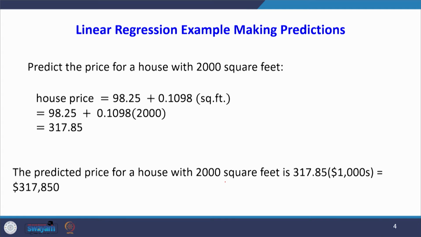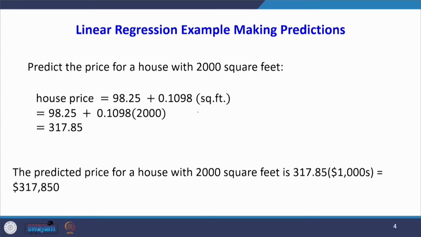Dear students, in the previous lecture we constructed a regression model. Using that regression model we are going to predict. Suppose we predict the price for a house with 2000 square feet. We know that our regression model is house price equals 98.25 plus 0.1098 times square feet.